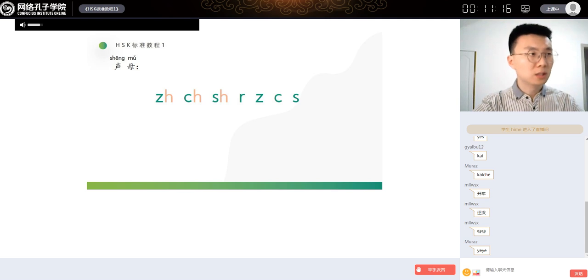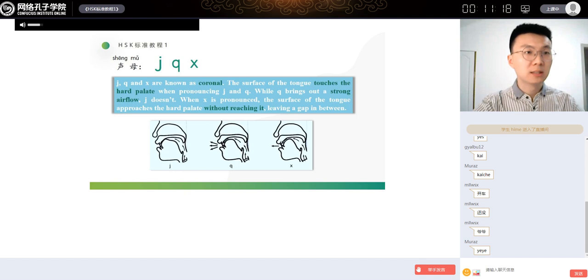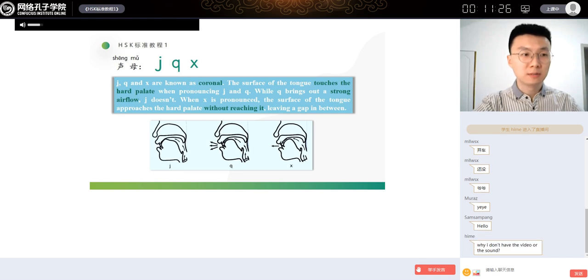Okay, so in the 声母 we learned these 3. Ji, qi, xi. Their sounds are very similar, but there are some little differences between them. Ji, qi, and xi are known as coronal.